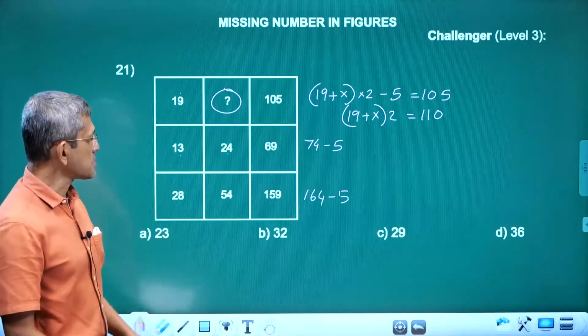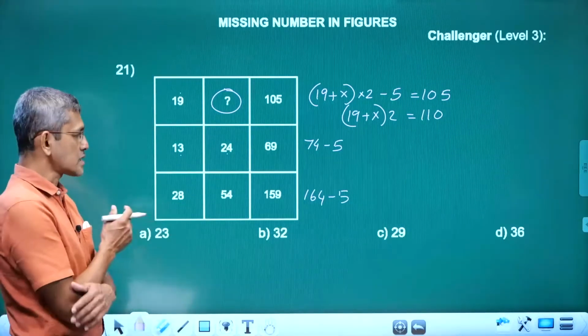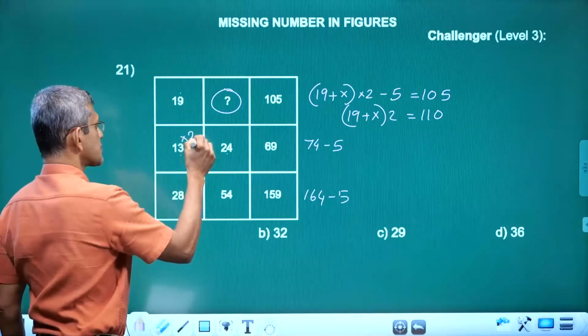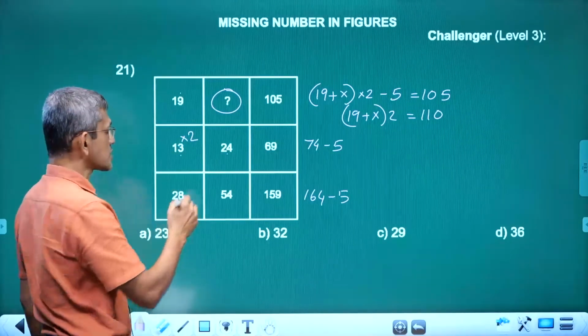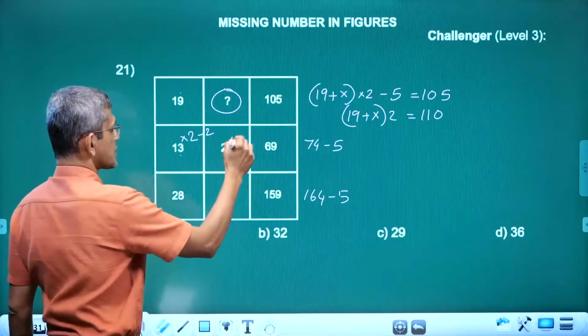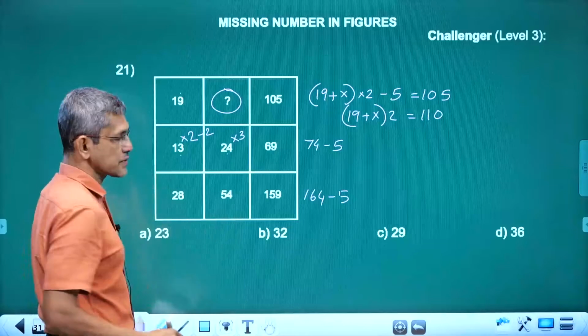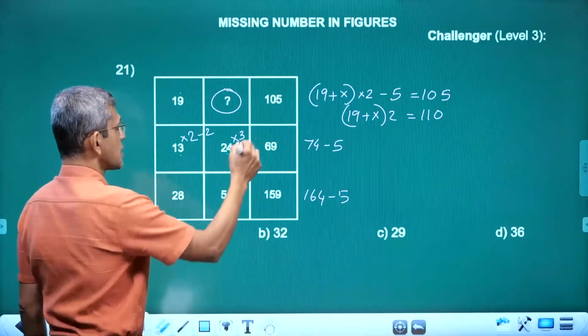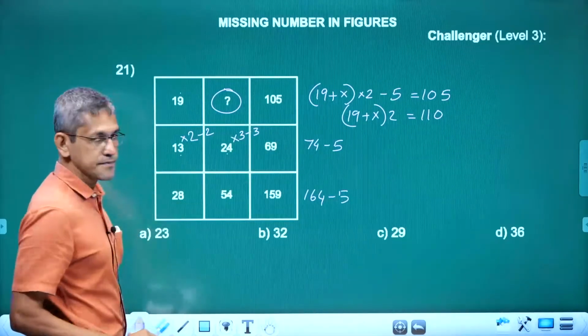Well, is there any other pattern possible? Another way of looking at it: 13 into 2 is 26. 26 minus 2 is 24. And 24 into 3 is 72. 72 minus 3 is 69.